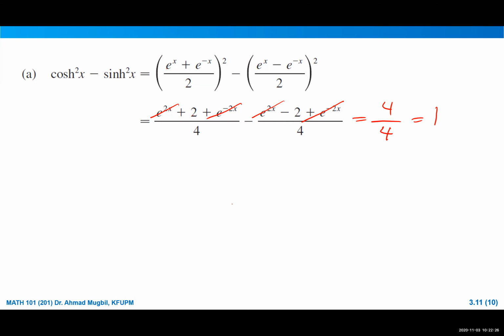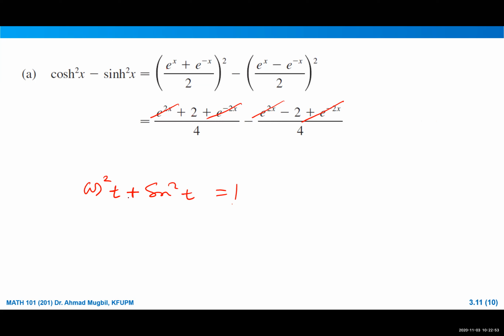And if you remember, Shabab, do you remember what we had? I said we have cosine squared x plus sine squared x equals 1. This is for the trigonometric functions. They have another name. Do you know what the other name for trigonometric functions is?